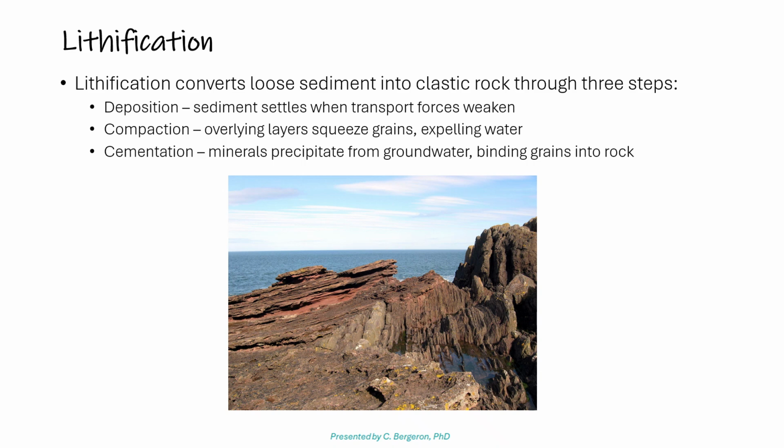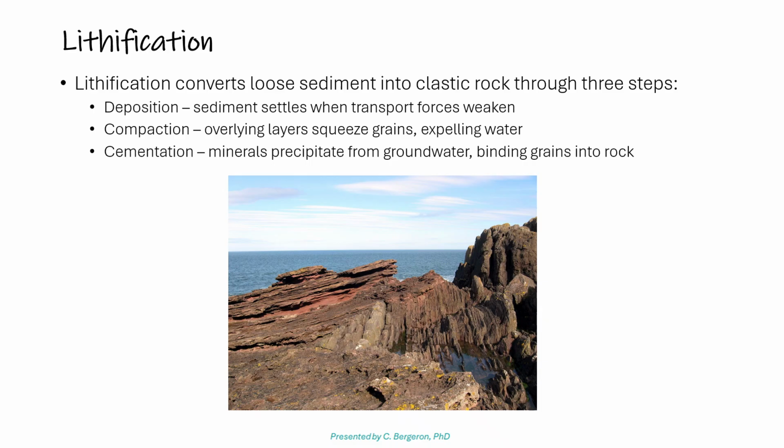How we go from sediment to sedimentary rock is through a process called lithification, which turns your loose sediment grains that were created by weathering, erosion, and transportation into a clastic sedimentary rock. And there are three main steps for this. There's deposition, which happens when friction and gravity overcome the forces driving sediment transport.